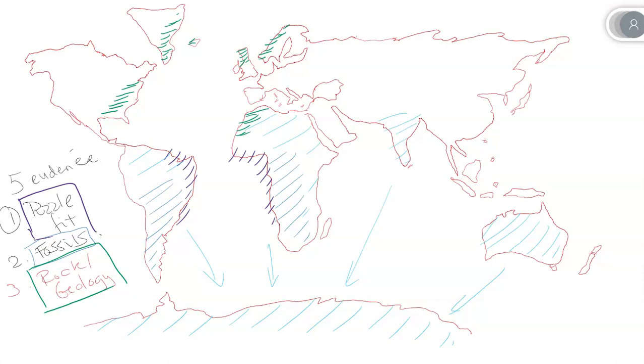If you fit these together, they create a long chain of mountain ranges called the Central Pangean Mountains.